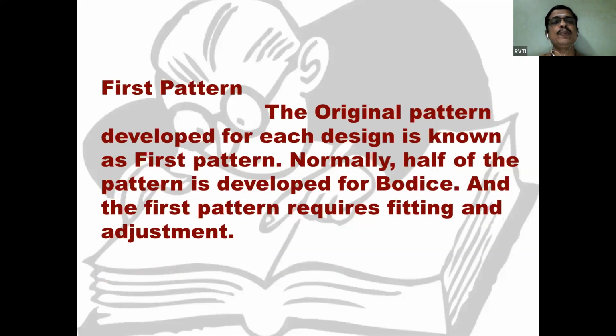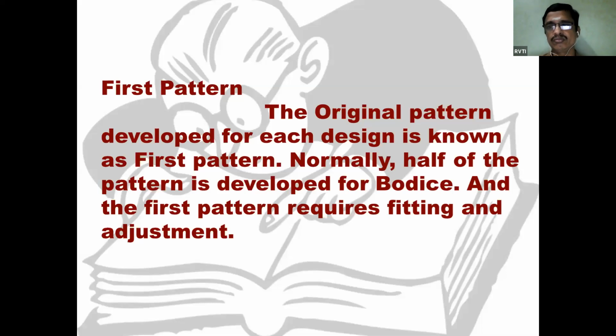Another one is the first pattern. The first pattern is the original pattern developed for each size. First I have the block pattern, then I trace the block pattern, and then I make the working pattern, and after that I check things. Normally I do only a half portion.